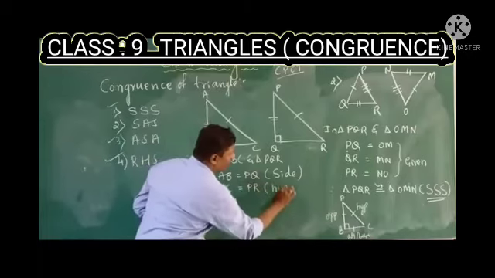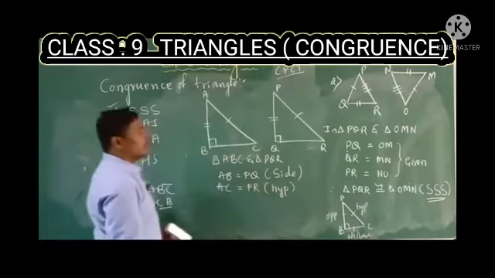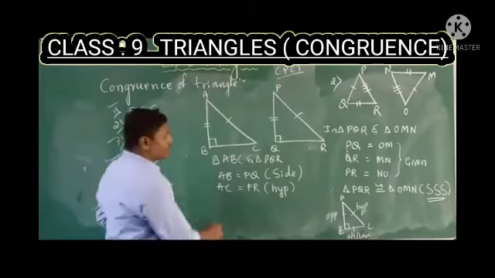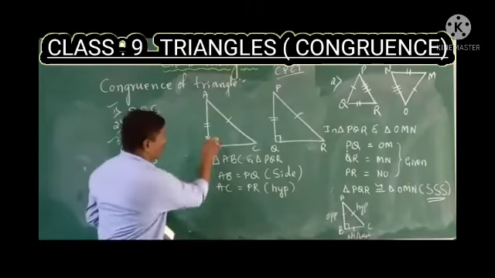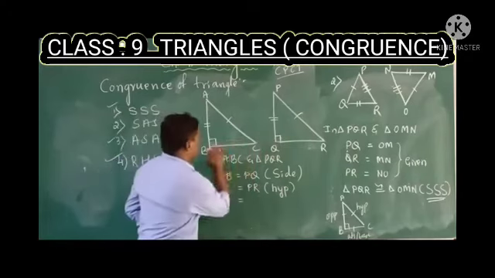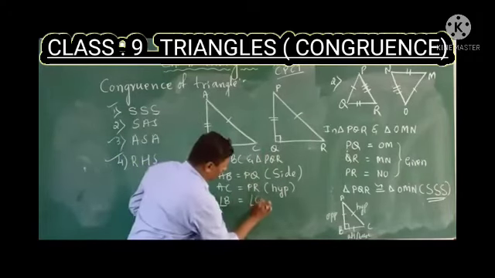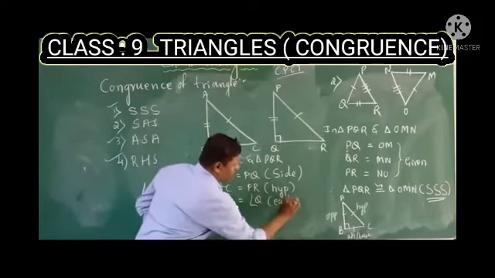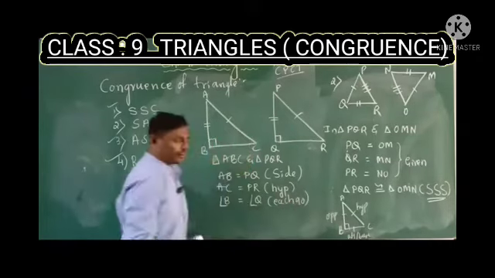These two are the hypotenuses of the given two right angle triangles. Next, angle B is equal to angle Q. Each angle is 90 degrees, right?